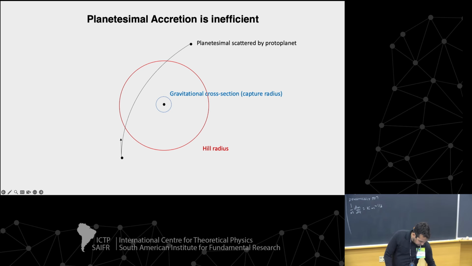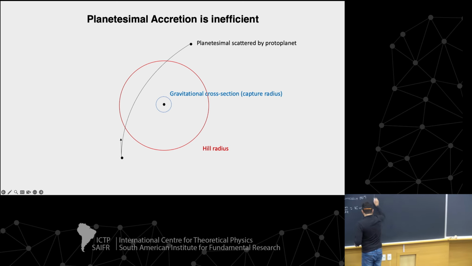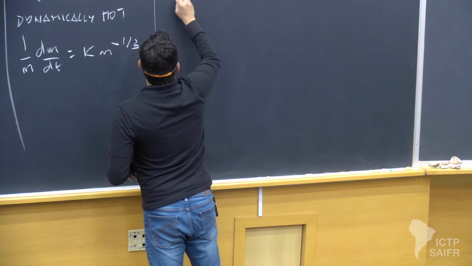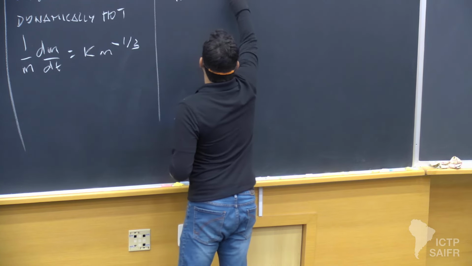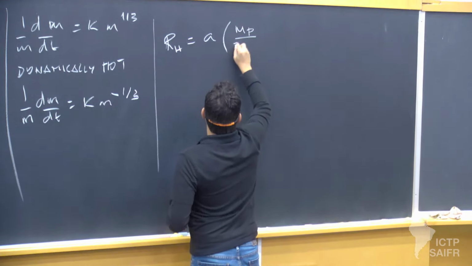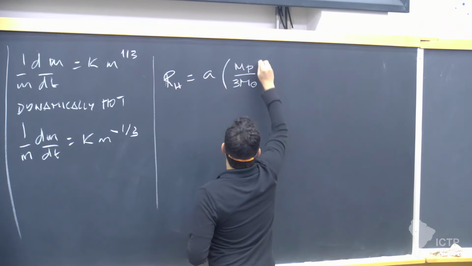planet. The Hill radius is, let me just put it here because we're going to be using that: the semi-major axis of the body, times the cube root of the mass of the body over 3 times the mass of the star.